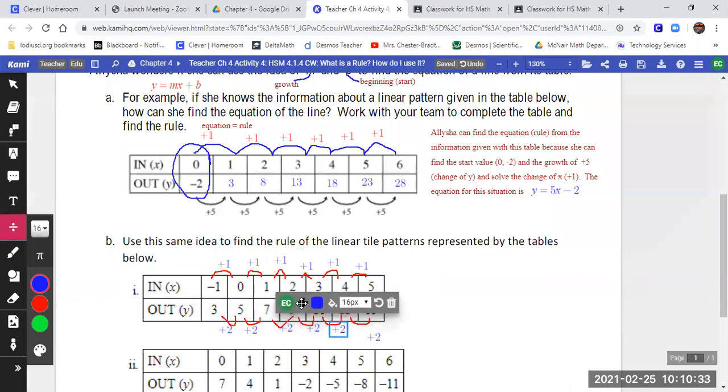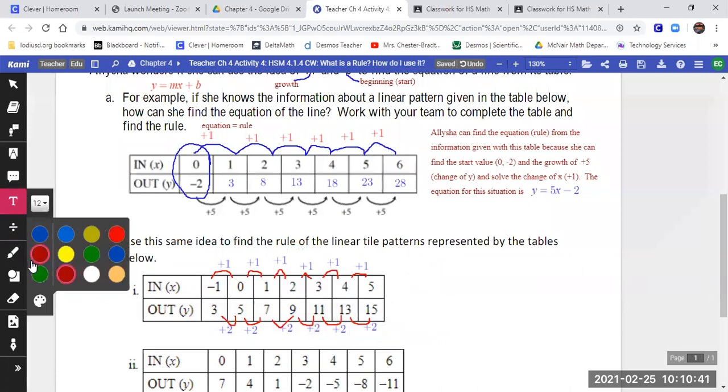Right? So what have I just figured out? The change in y and the change in x. So what is that going to give me for my equation? What do I get to go solve now, because I know the change of the y and the change of the x?